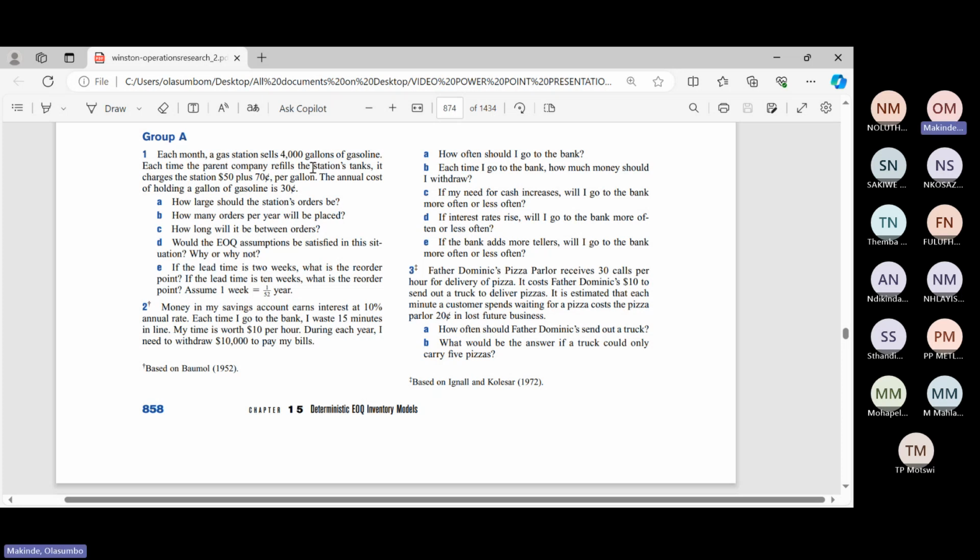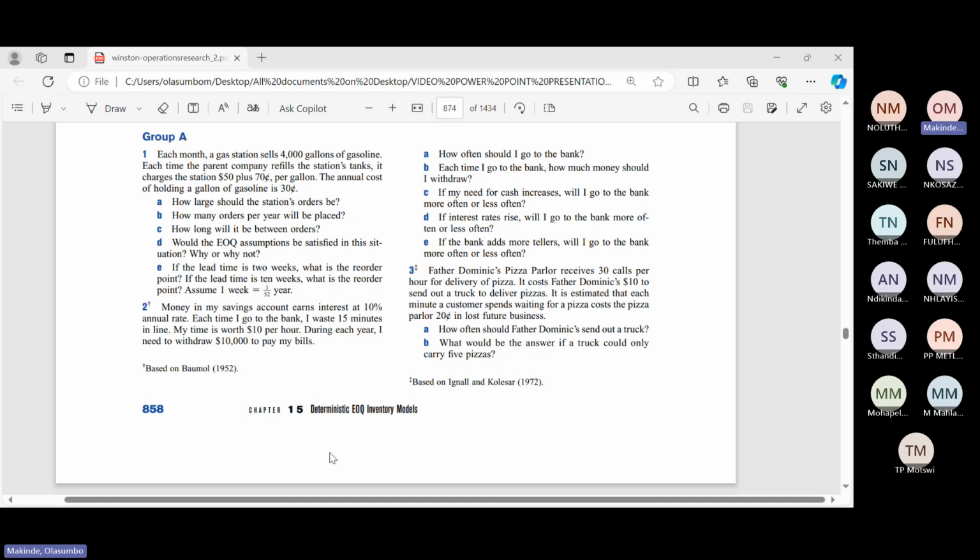Each time the parent company refills the station tanks, it charges the station $50 plus 70 cents per gallon. So what is given there? Let's analyze it together.